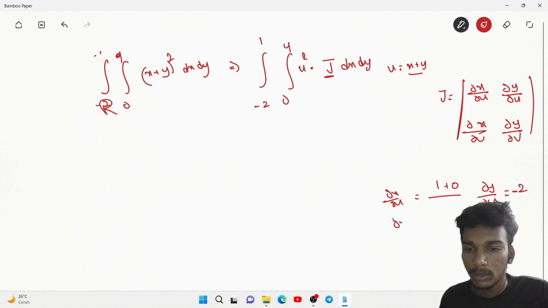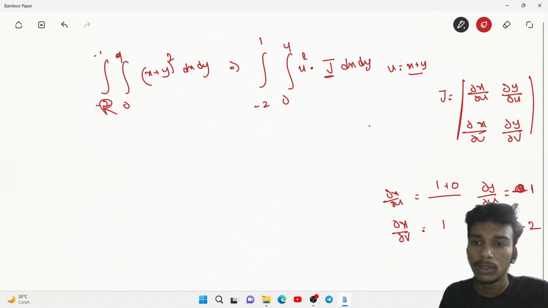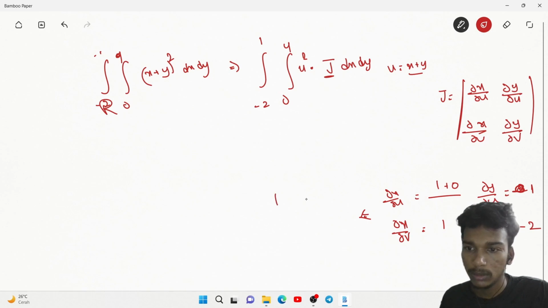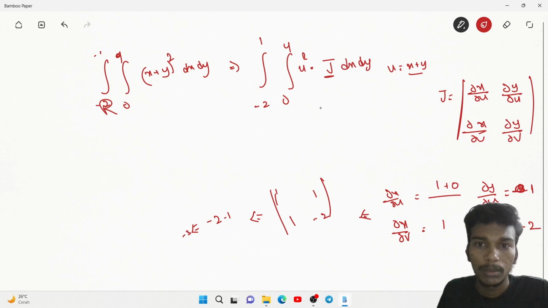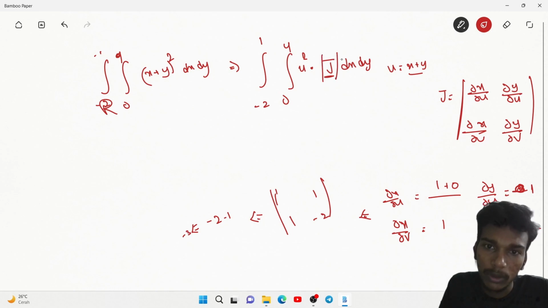And dou x by dou v is 1, and dou y by dou v is minus 2. Now I'm going to evaluate this matrix, 1, 1, 1, minus 2, and the value of the determinant will be minus 2 minus 1, that equals minus 3. But we are going to take the modulus of it.